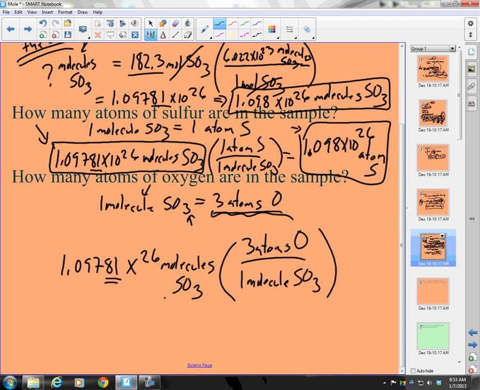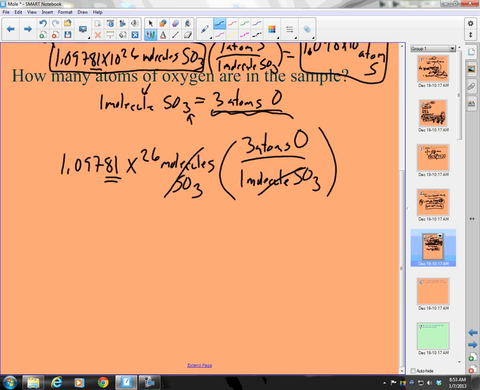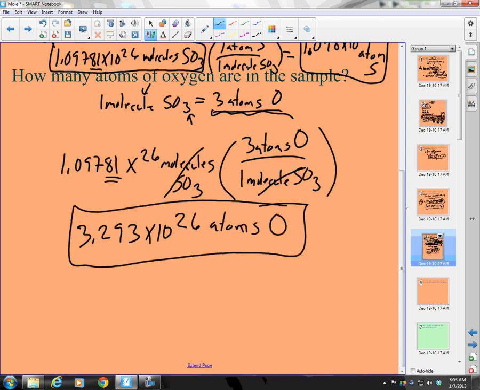What happens to my molecules of SO3? They cancel. So times 3, and I get what? How about 3.293 times 10 to the 26 atoms of oxygen? That's a whole bunch of oxygen atoms. That is correct. All right, one last, and we will take a break.